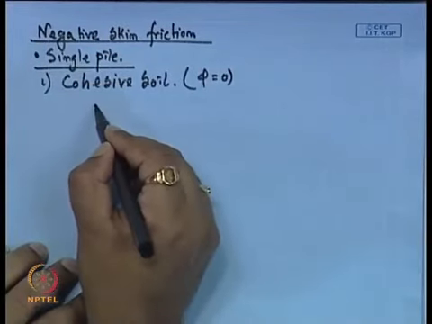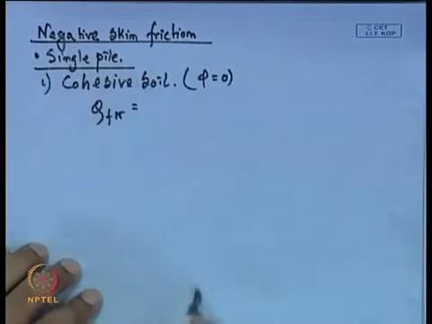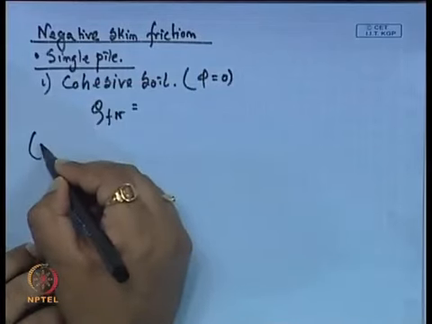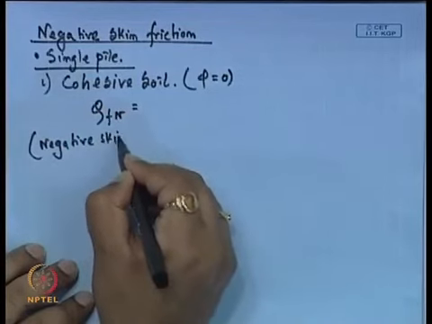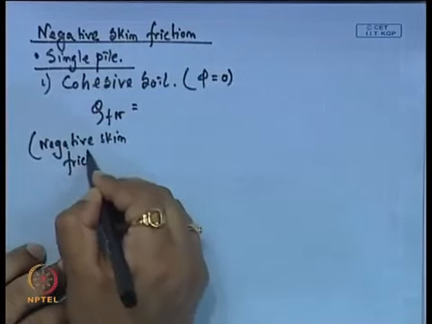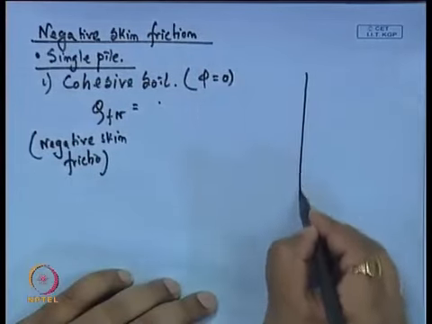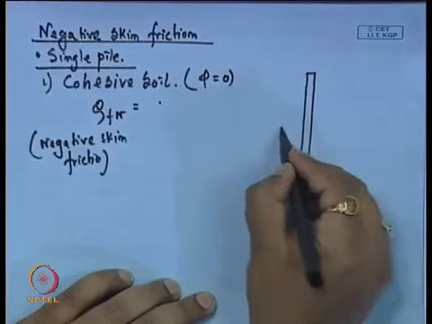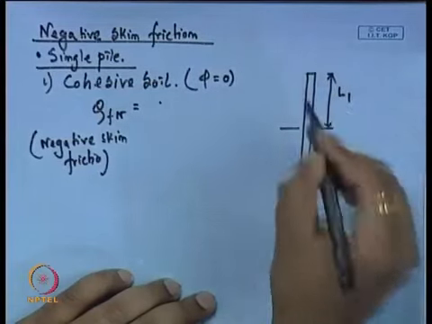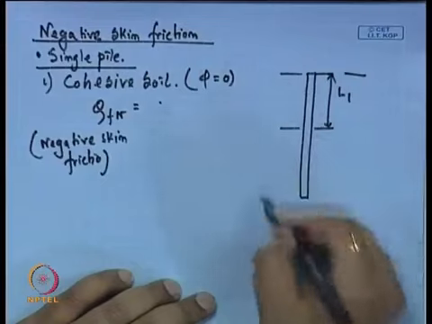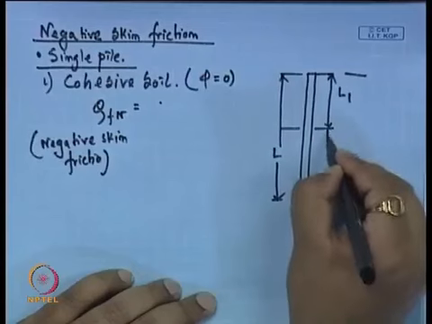Suppose the negative skin friction is Q f n, where n denotes negative skin friction. Suppose this is the pile; up to this length, say L 1, there is a negative skin friction zone, and this is as usual the pile tip, where we get resistance as usual.